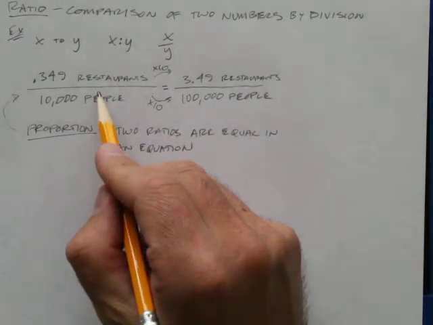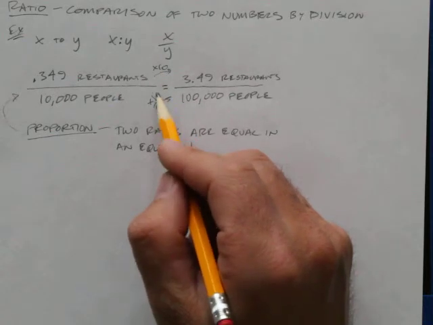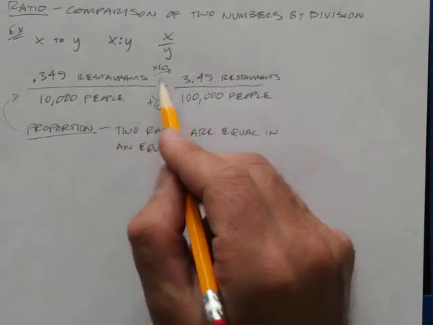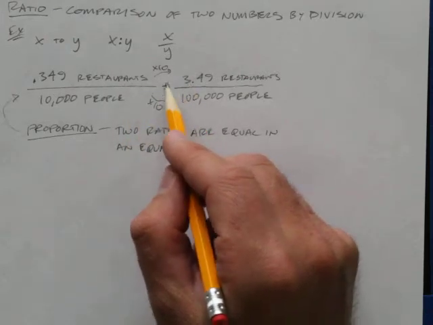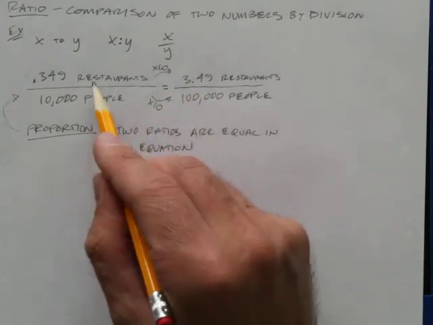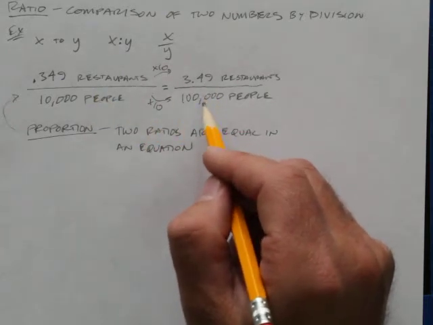So this is equal to this one, as long as what I do to the bottom, I do to the top with multiplication. The equal sign is true here. This ratio equals this ratio.